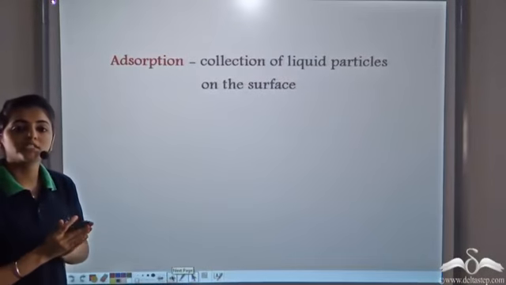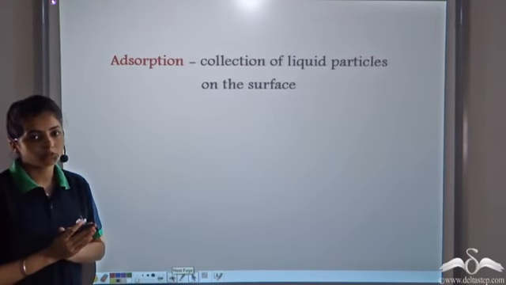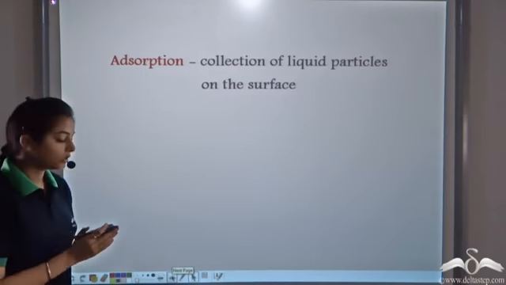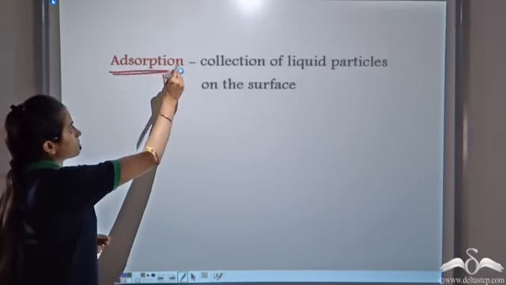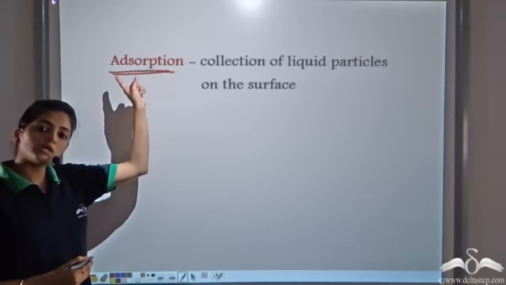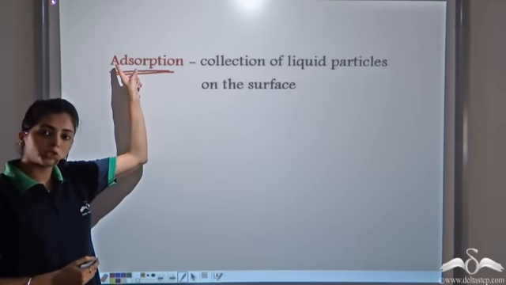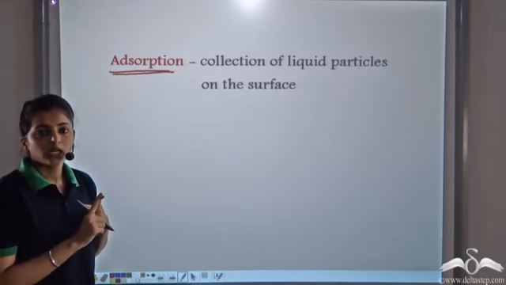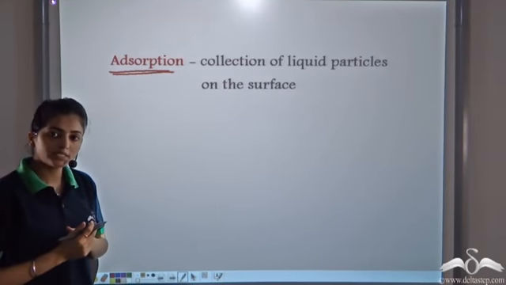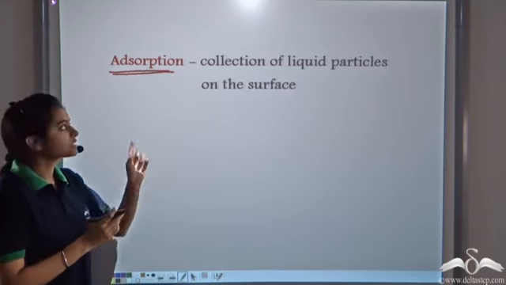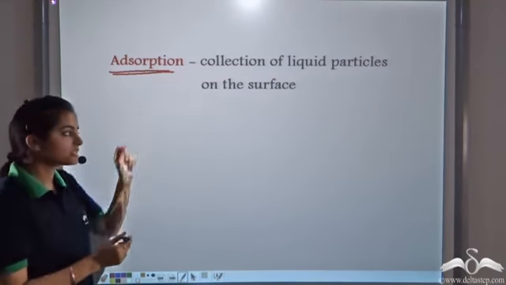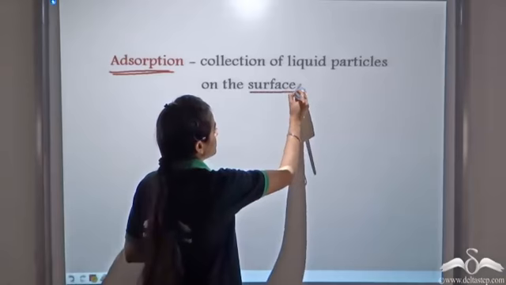Now what is the principle on which this process of chromatography works? It works on the principle of adsorption. Do not confuse this adsorption with absorption. Absorption is a separate process that is used for a bulk process. In case of adsorption, it is a surface phenomenon.